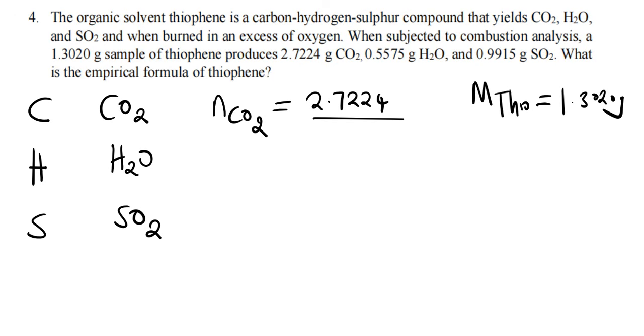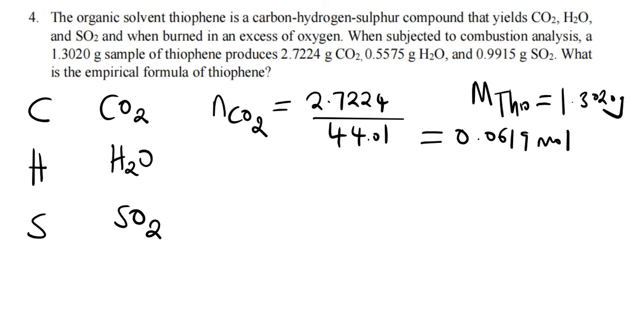Because there are two of them, I multiply 16 by 2, that is 32, plus 12. The molar mass for carbon dioxide is going to be 44.01. Then I divide the two to find the number of moles for carbon dioxide, which is 0.0619 moles.